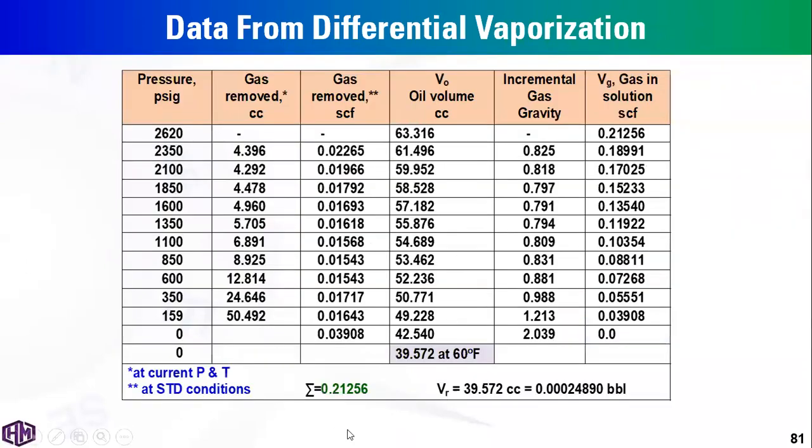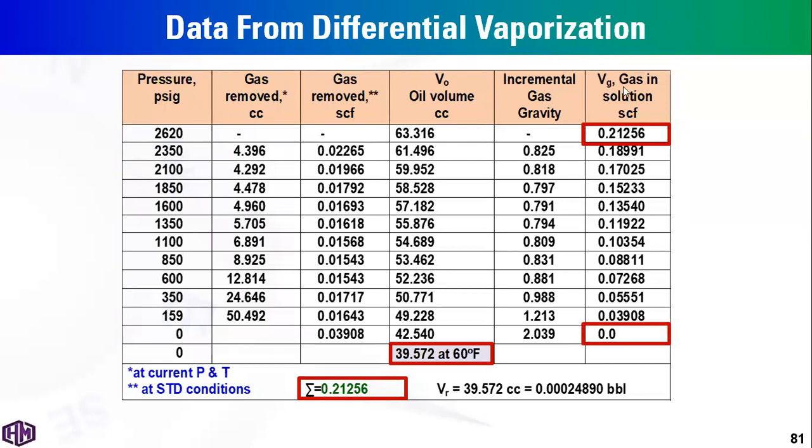So this is simply the DV data, and as you can see, this is all of the removed gas in standard cubic feet from the PVT cell, and this is the oil volume at zero pressure and standard temperature, or at standard conditions. And this is the gas volume and incremental gas recovery, and so on.